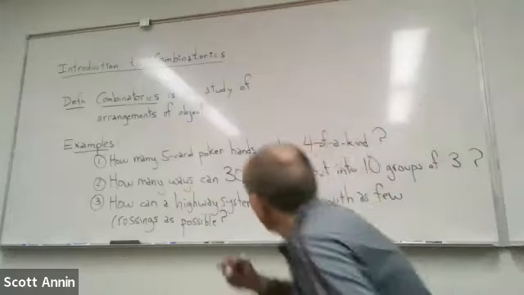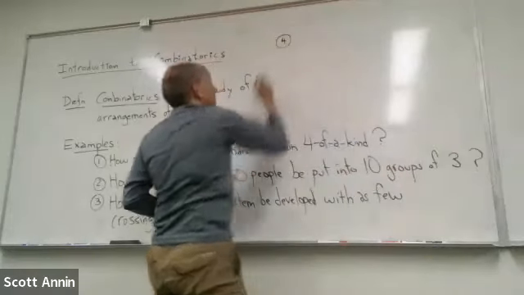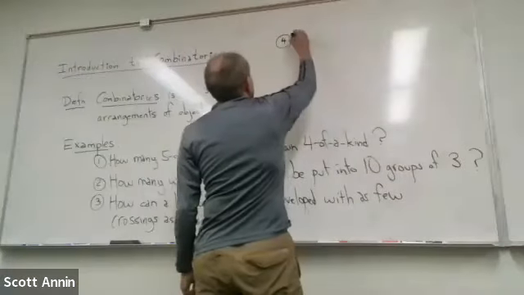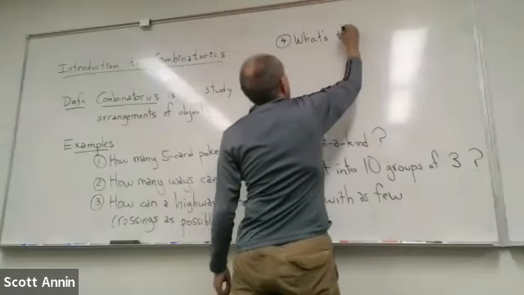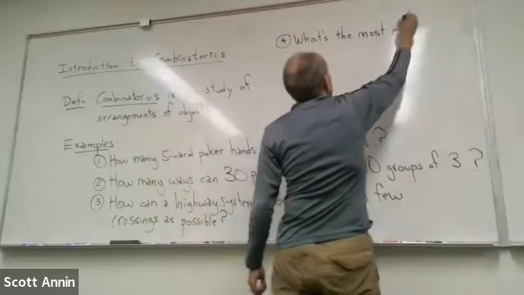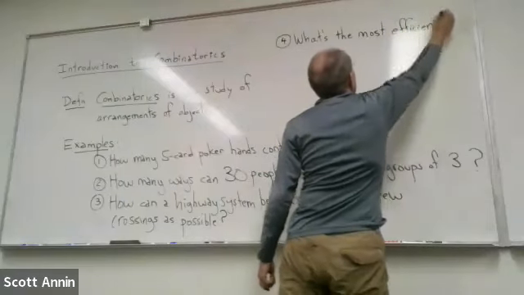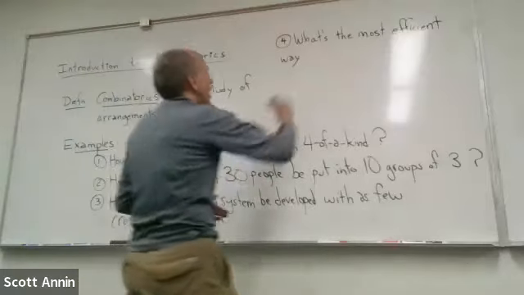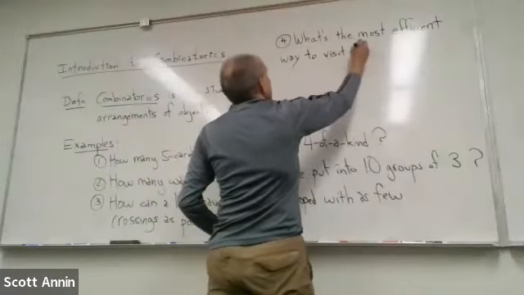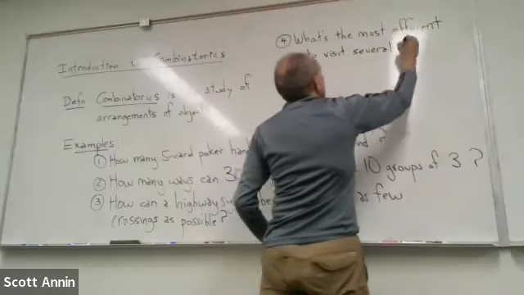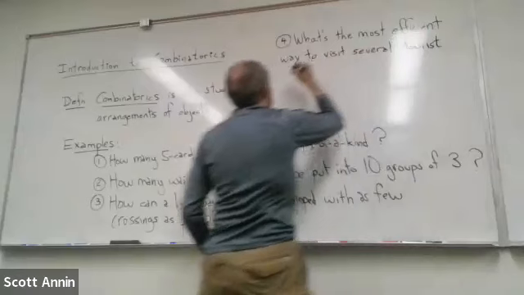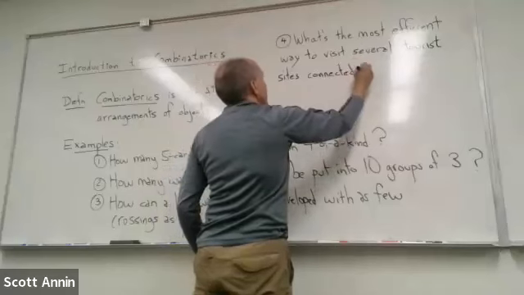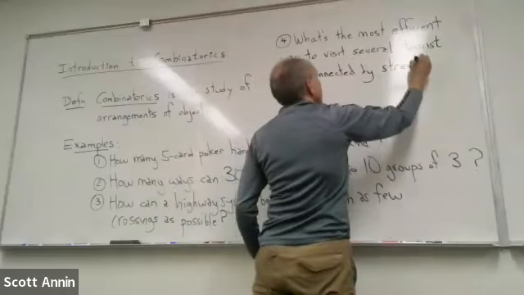Okay? Another one that's kind of in the realm of graph theory that I could list up here would be what I mentioned to you earlier. What's the most efficient way, either the cheapest or the shortest, to visit several tourist sites that are connected by streets in a town?